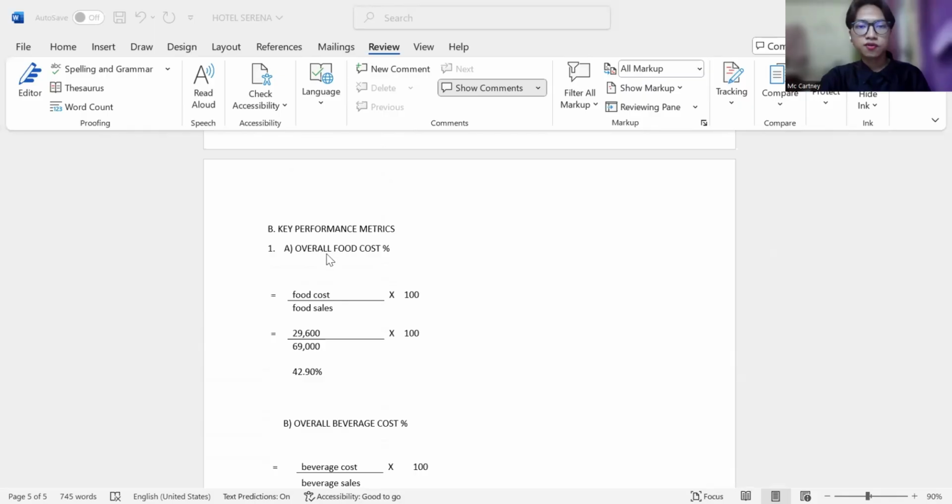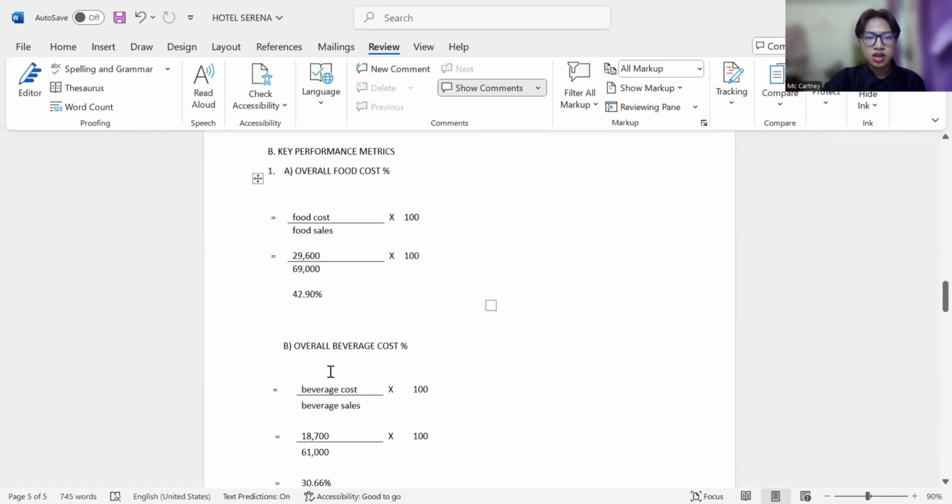To calculate it, we use the formula food cost over food sale multiplied by 100. That is 29,600 over food sale 69,000 multiplied by 100.